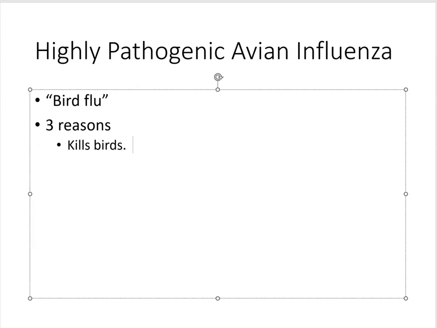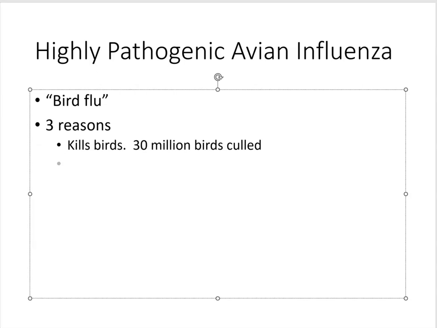And so if they find a bird with avian influenza, they have to kill the whole flock because there's no way to stop it from spreading, and they don't want it to spread to other birds that fly to a neighboring farm. And so over the last few years, 30 million birds have had to be killed on farms in North America because of bird flu. 30 million birds have been culled. That's when farmers have to kill their stock.